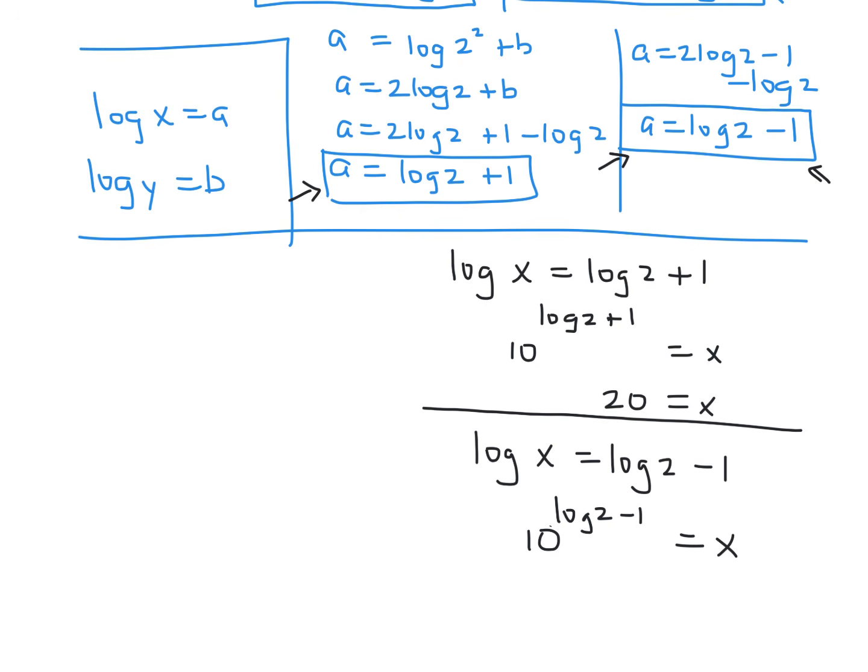Oh, that's undefined. Because that is actually. That's a negative, right? The log of 2 minus 1 becomes a negative. Yeah, log of 2 minus 1 is a negative number. Actually, no, that is... No, it's not undefined.